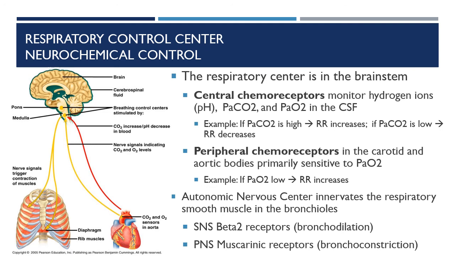Okay, so there's an autonomic nervous system that innervates the respiratory smooth muscle, which are in the bronchial tubes. Okay, so what can the sympathetic nervous system and the parasympathetic nervous system do?